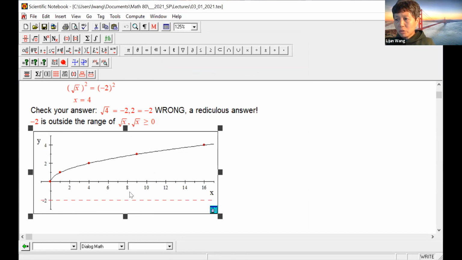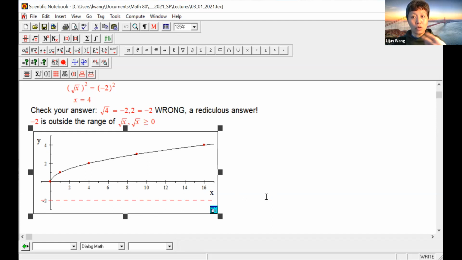This -2, this output of -2 has no touch with the curve. In other words, you never find an input to produce that output. No touch means no solution. You follow me? So you got a number, but that number is going to get you something very ridiculous. Do you follow me?